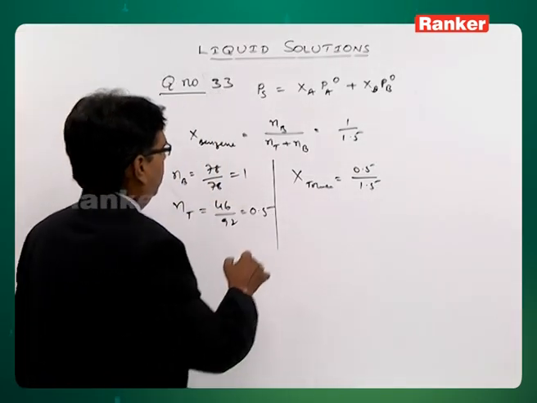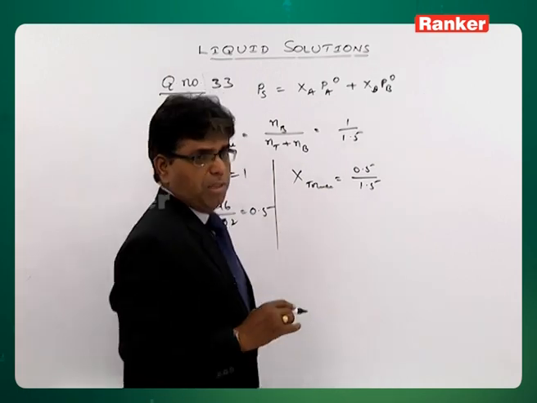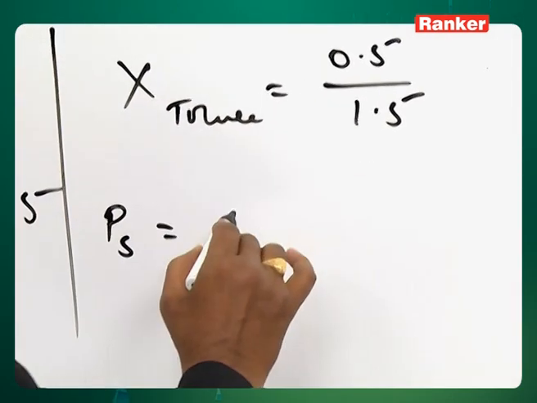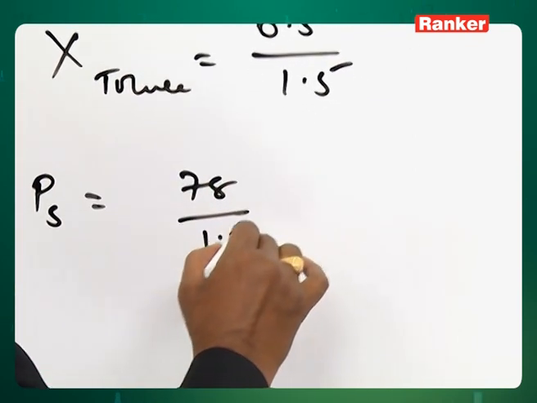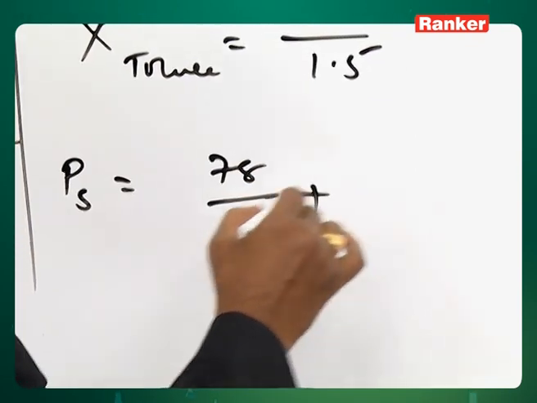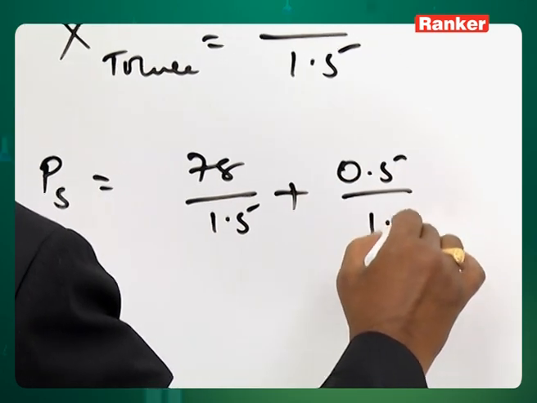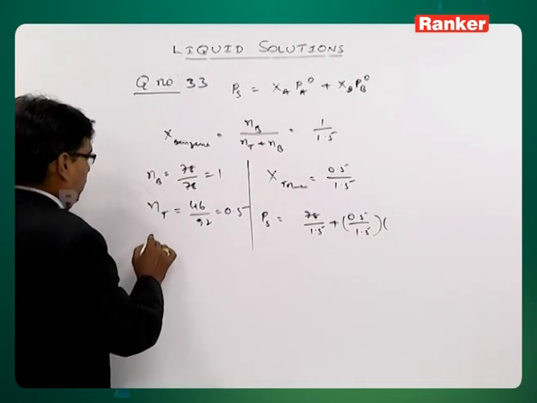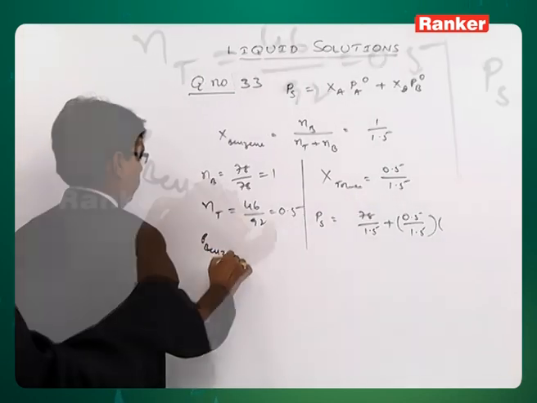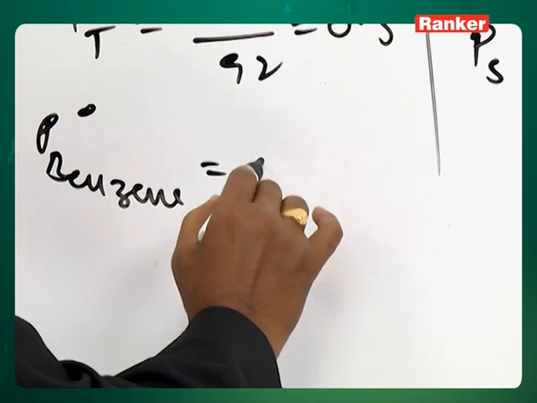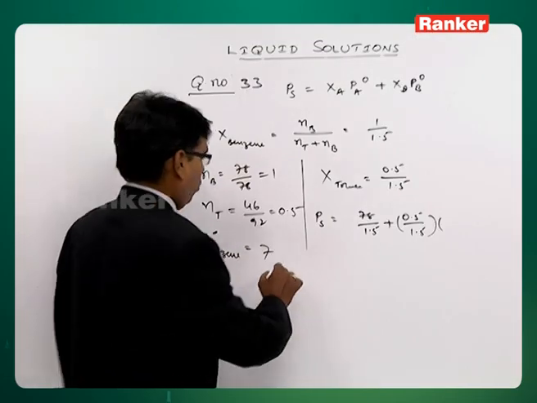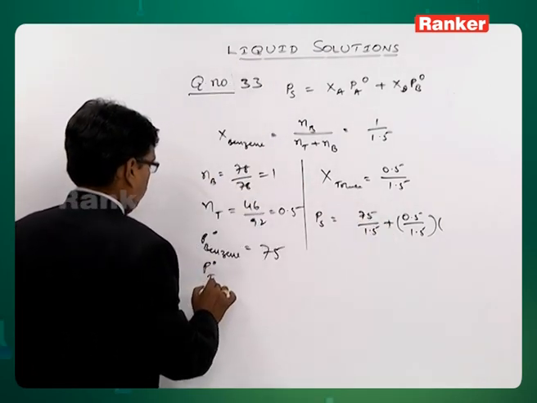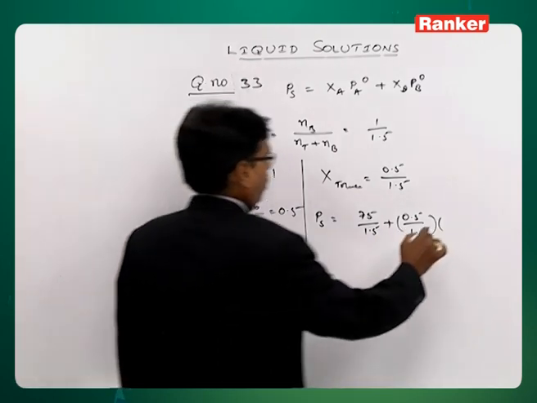Now, what is the vapor pressure of the mixture? The vapor pressure of the solution is equal to 1 by 1.5 times the benzene pressure plus 0.5 by 1.5 into the toluene pressure. Here P naught for benzene is given as 75 torr, and P naught for toluene is 150, so into 150.